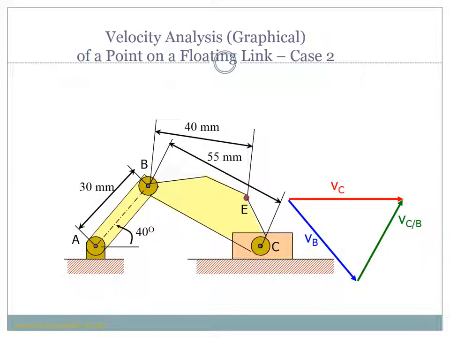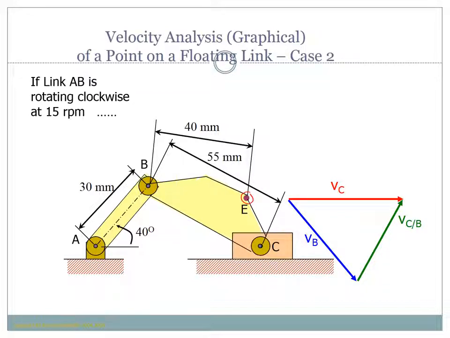In this case, if you refer to the previous slides, it is exactly the same except for the addition of this part, which is point E. Now, if you want to find VE, then we need to follow a slightly different way.